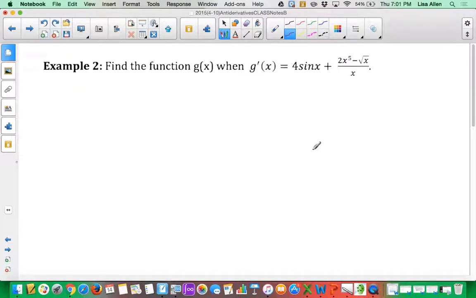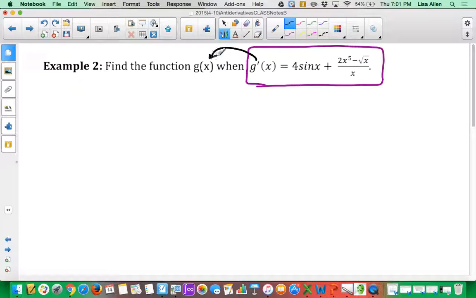And we have time for one more example. So if I have g prime of x is equal to 4 sine x plus 2x to the 5th minus square root of x over x, the first thing that I'm going to do is try to simplify things a little bit because I want to go back to the function. I'm going to do that by undoing the derivative and getting the antiderivative.